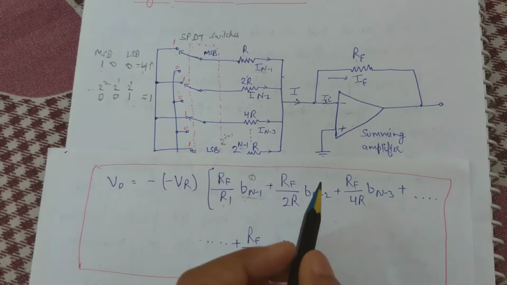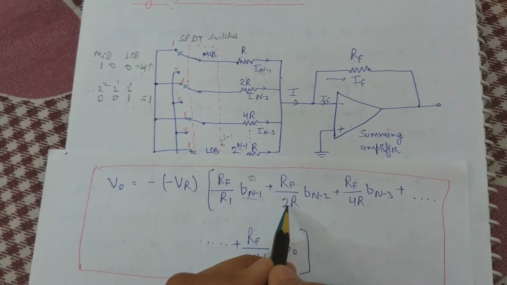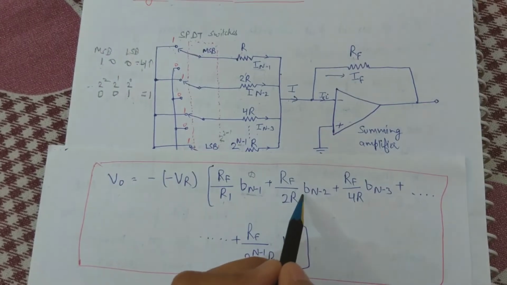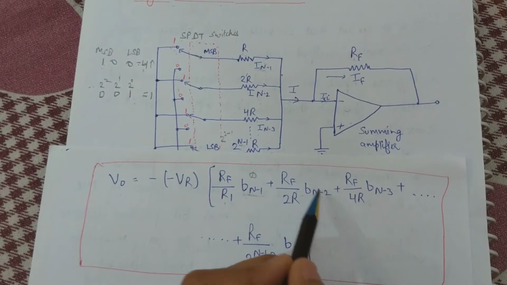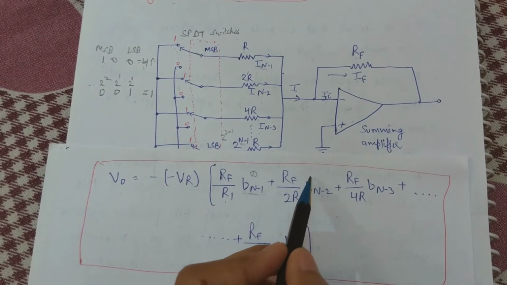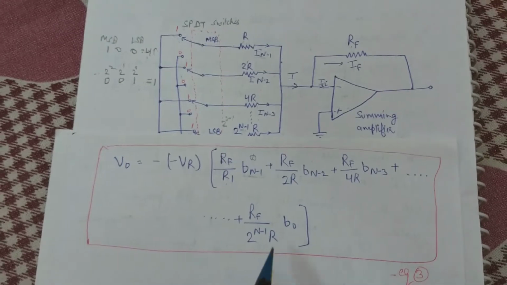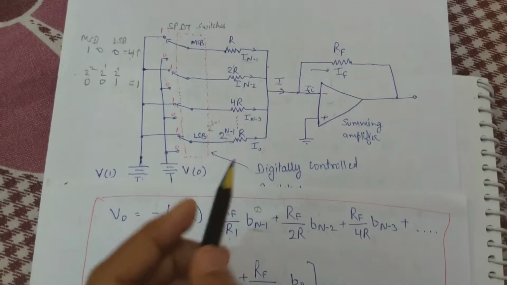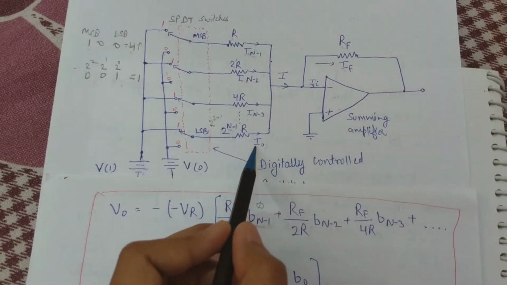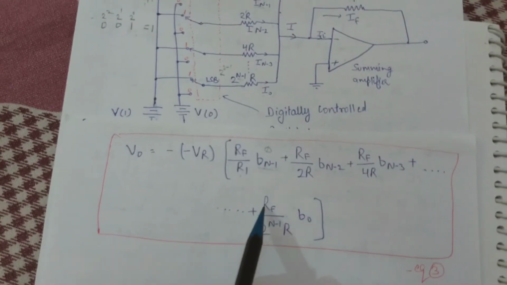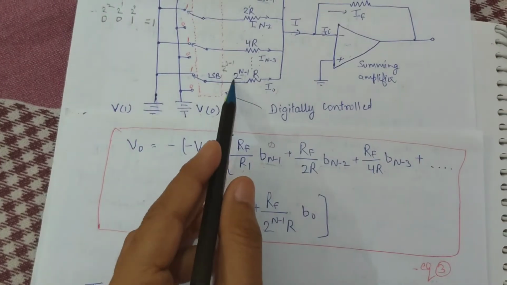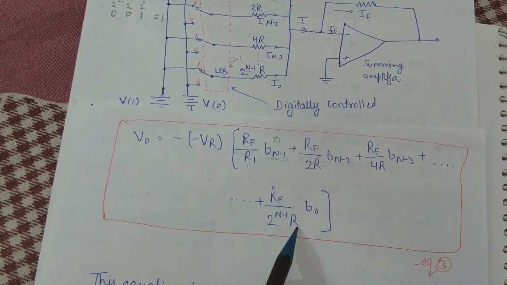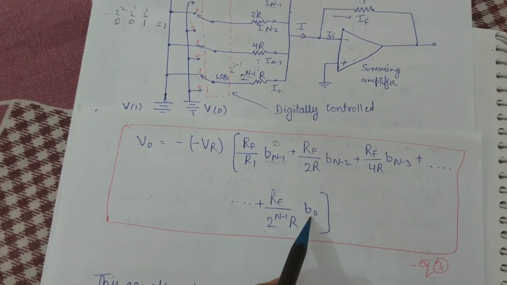Okay, now for the next current we have the value RF by 2R. From here, RF by 2R into the second bit B(n-2). It could be 1 also, it could be 0 also, and so on. And for the last LSB, you can see in the diagram also, we have RF upon 2 raised to power n minus 1 into R, into the bit.